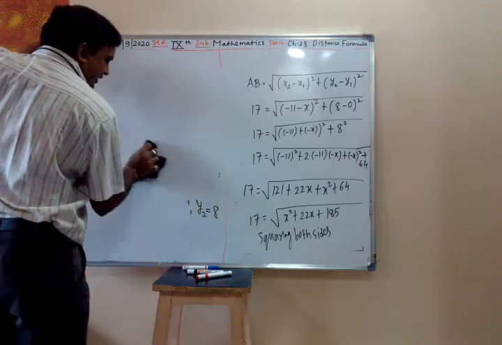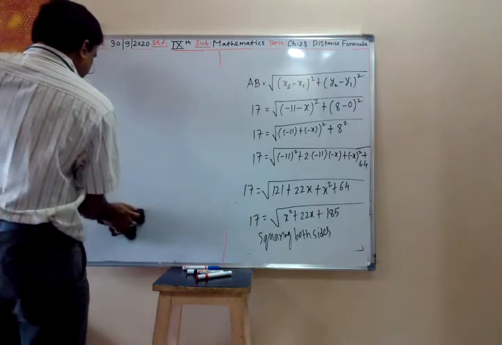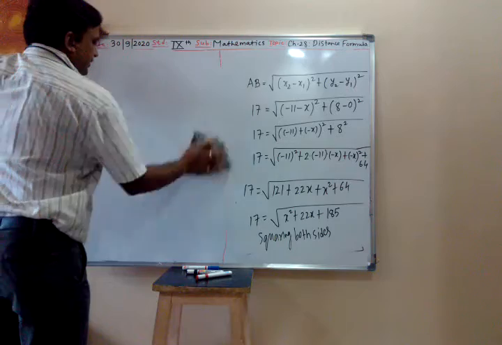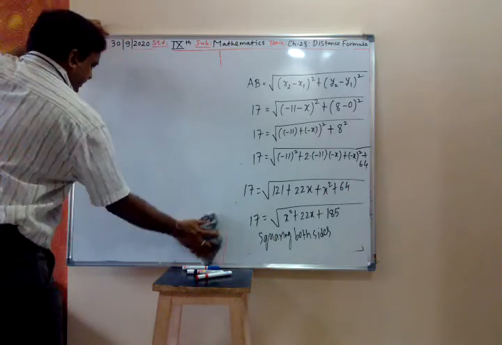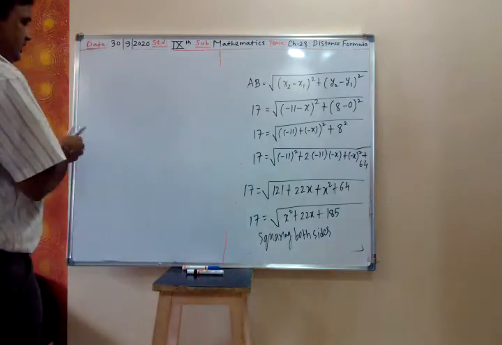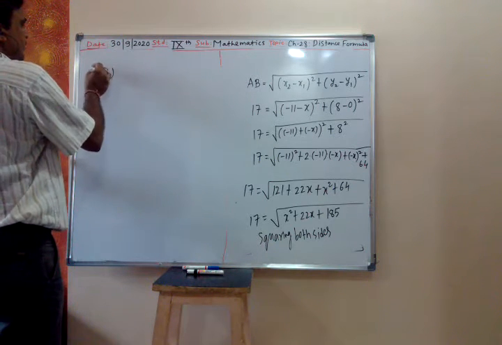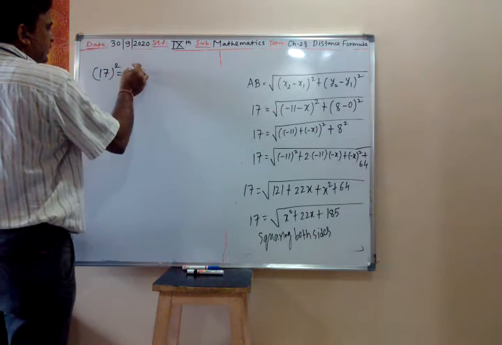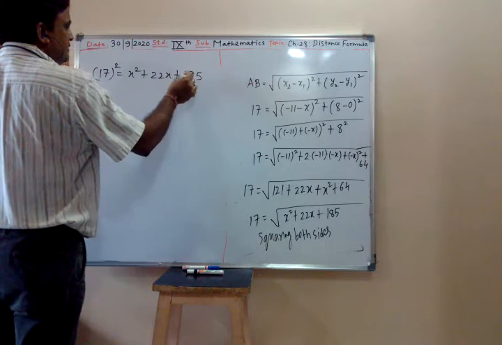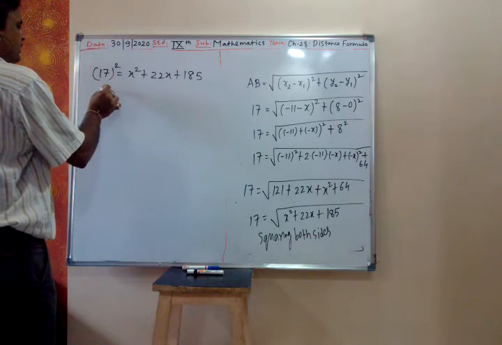So you will get 17 square is equal to x square plus 22x plus 185. 17 square is 289.